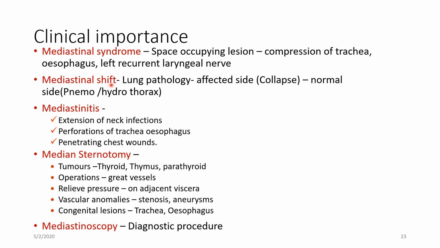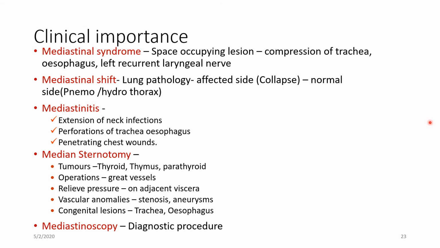The other importance is mediastinal shift. If there is a pathology of the lung, if the lung is shrunken and collapsed, the contents of mediastinum will move towards the affected side. And then if there is air or fluid filled thorax, known as the pneumothorax or hydrothorax, then the mediastinum will push towards the normal side.